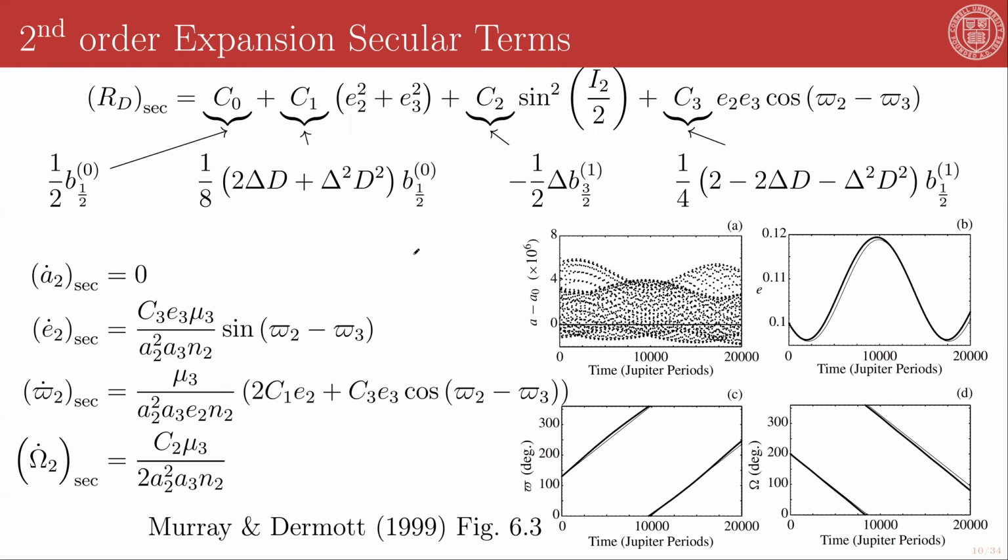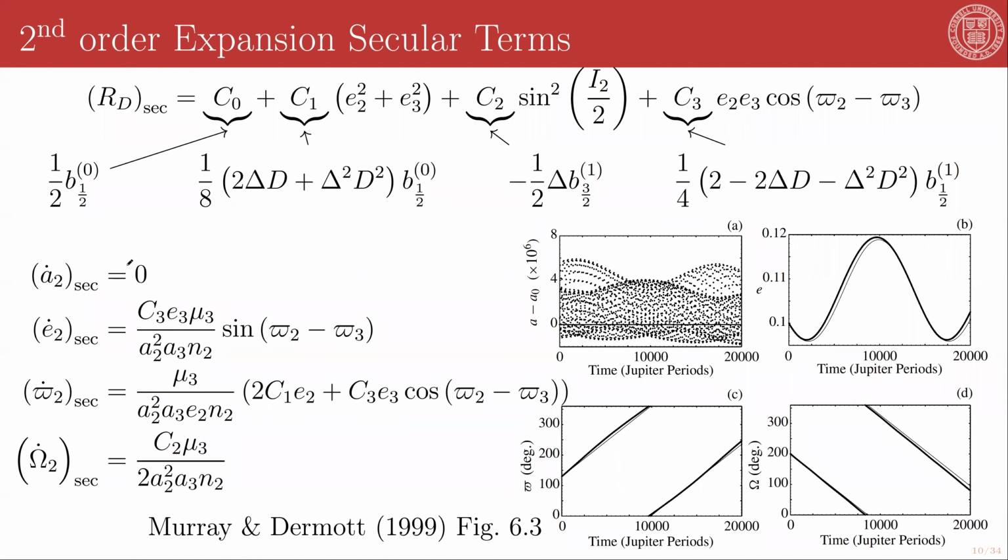One final caveat that is buried deep in all of this has to do with these Laplace coefficients. Remember that these are functions of some argument, and in this particular case, they are functions of delta, the semi-major axis ratio of body 2 to body 3. In the numerical evaluation that generated these figures, these Laplace coefficients were evaluated for a single value of delta.